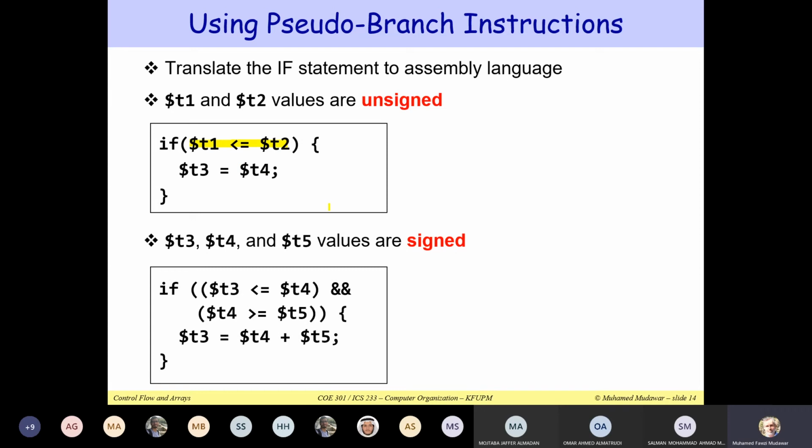So how do I translate this? Yes, Mustafa. Set if less than equal. There is no set less than or equal. I can use the branch. You can use a branch if it's greater than.